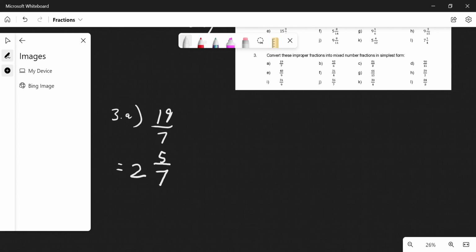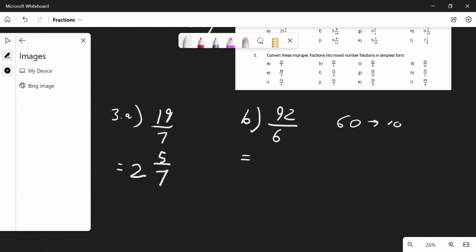If we can go again, let's do B. B has 92 over 6. So you ask yourself, how many times does 6 go into 92? Off the top of my head, I have no idea, but let's go. Let's start at 60. I know 6 goes into 60 10 times. So let's go 60 plus 6, that gives me 66, plus 6 plus 6, 78.